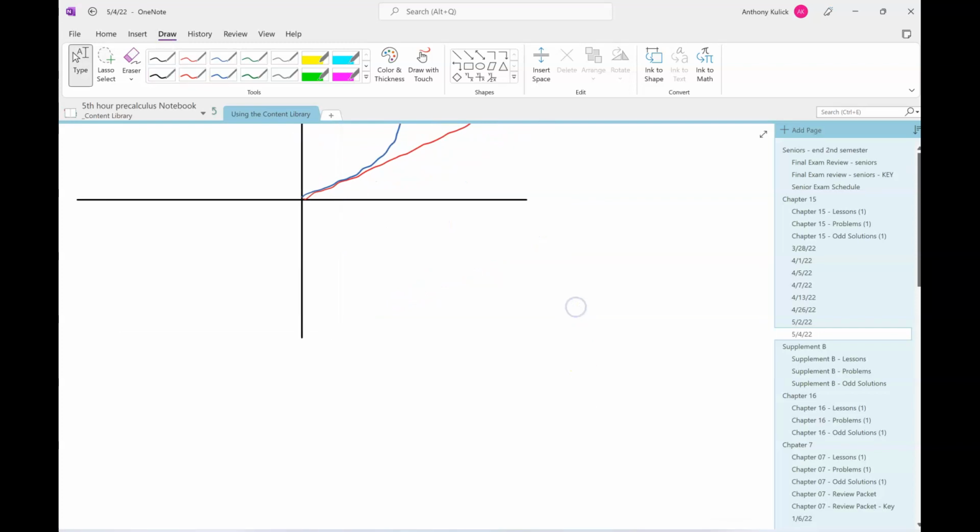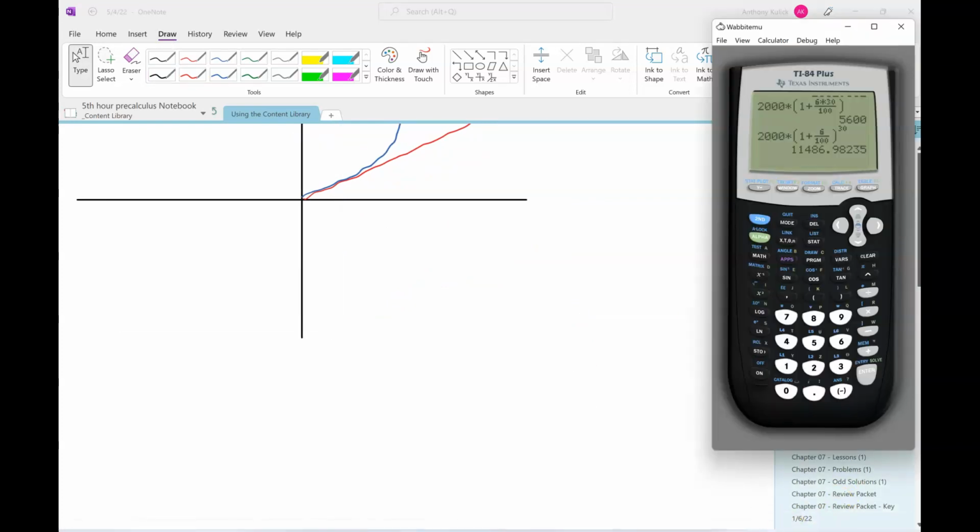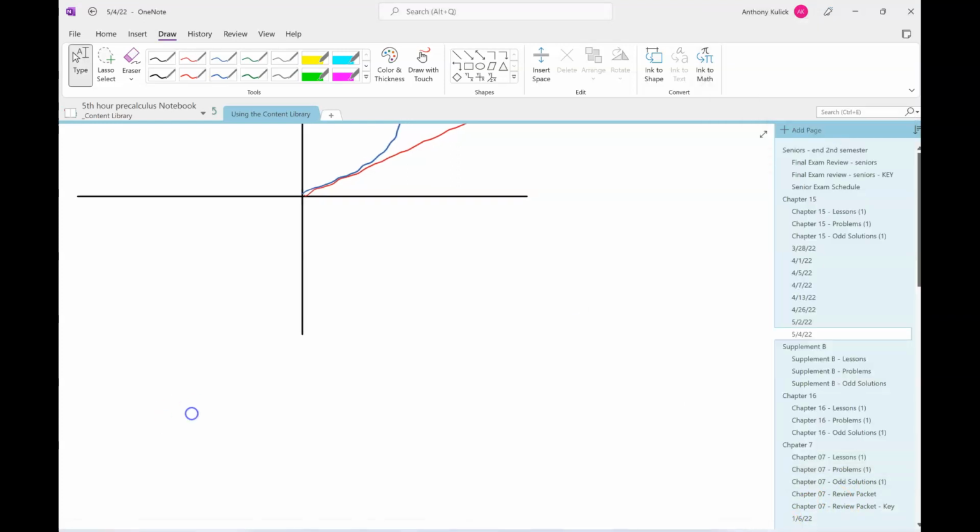Let's look at the effect of this compounding at different amounts of time, right? So we saw that annually was 1.